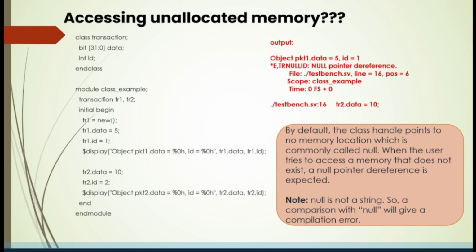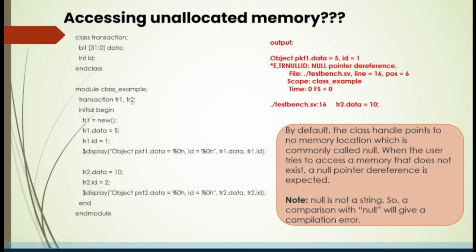If you see in this particular example, as I have told you, by using the class handles, you can create a number of handles for the class. Since class is a user defined data type, by using the name of the class, we can create many handles. For example, this is my class transaction, and by using this transaction, I have created two handles.